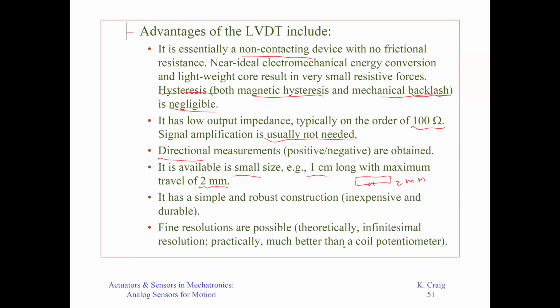In other words, if your physical LVDT size is 50 centimeters long, like half a meter, like 1.5 feet, what's the travel you can really do? Maybe 2 centimeters. It's quite small.